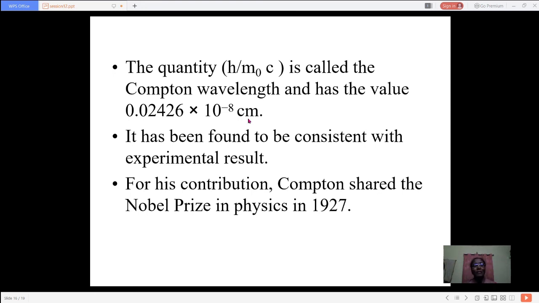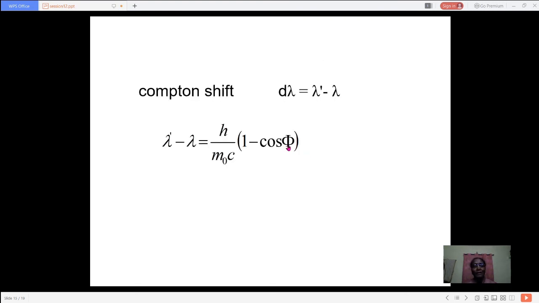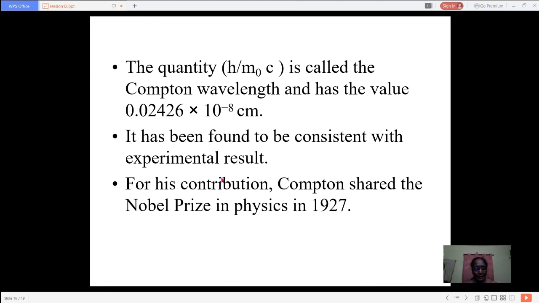In the previous slide I also showed the Compton shift. Using that Compton shift, and knowing phi and lambda dashed minus lambda, in other words d lambda, one can calculate h divided by m naught c. The experimental value and the calculated value exactly matched each other.